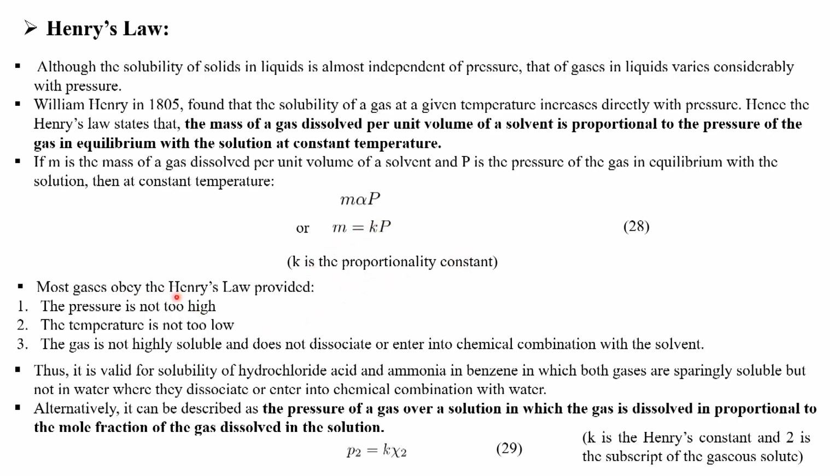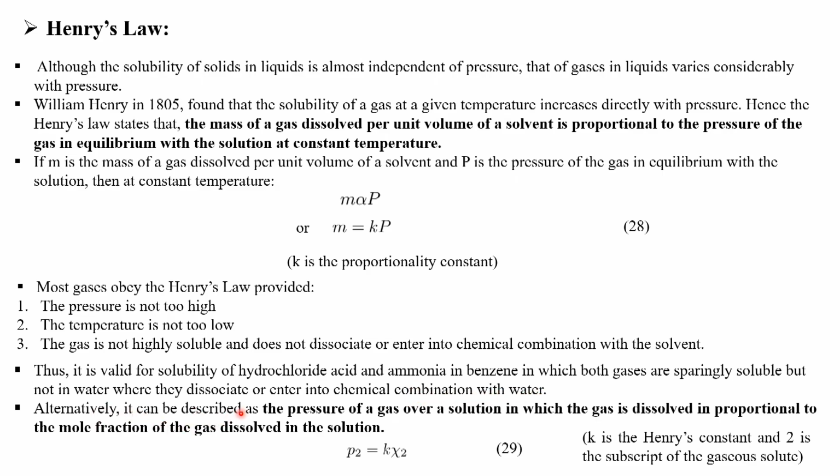Most gases obey Henry's law provided the pressure is not too high, the temperature is not too low, and the gas is not highly soluble and does not dissociate or enter into chemical combination with the solvent. Thus, it is valid for solubility of hydrochloric acid and ammonia in benzene, in which both gases are sparingly soluble, but not in water, where they dissociate or enter into a chemical combination with water.